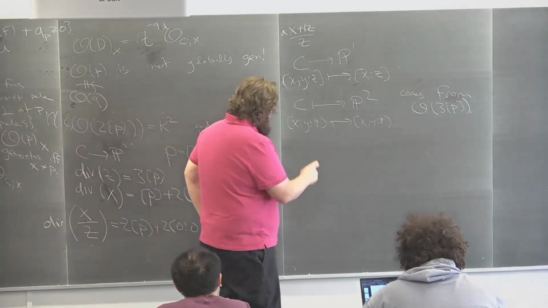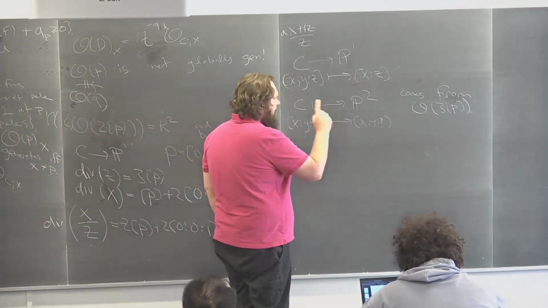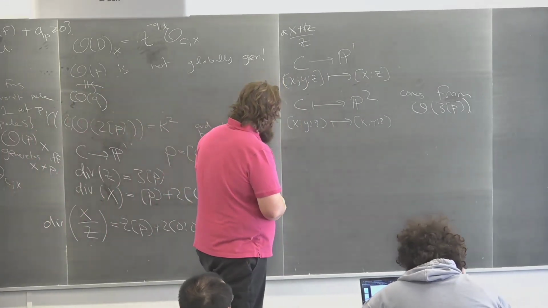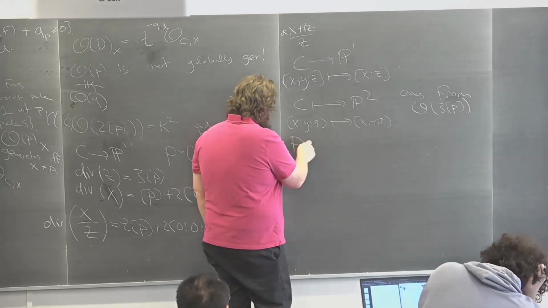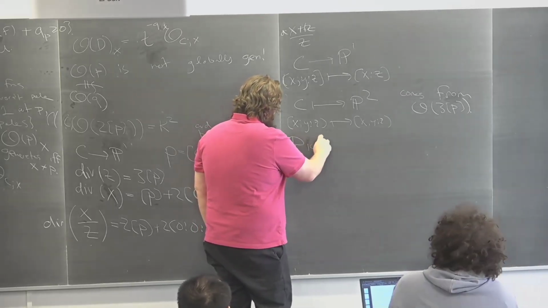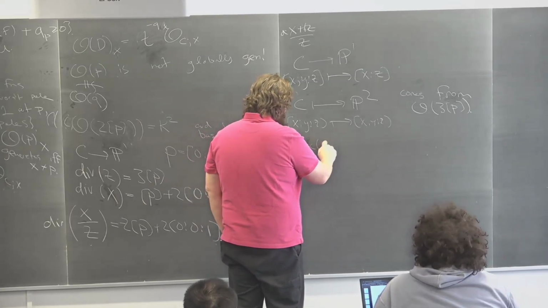So maybe just to connect back to the usual addition on elliptic curves, I had mentioned this previously, but we're starting to see a little more why it might be true.